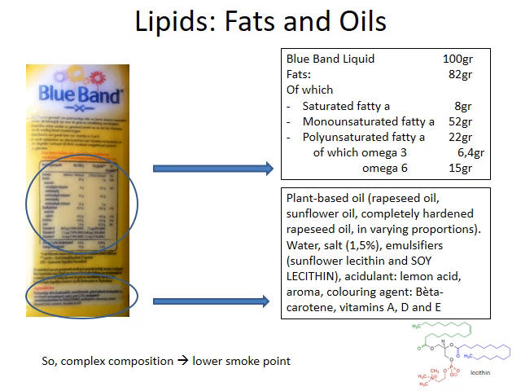So when we now look at blue band liquid again, we know that there is 18% water in there, and we look now at the composition in the lower square. You see that these oils and fats are derived from rapeseed and sunflower, in different compositions, and some is a little bit hardened.